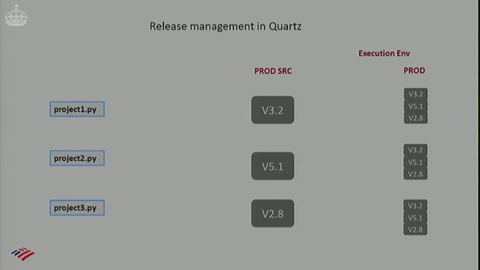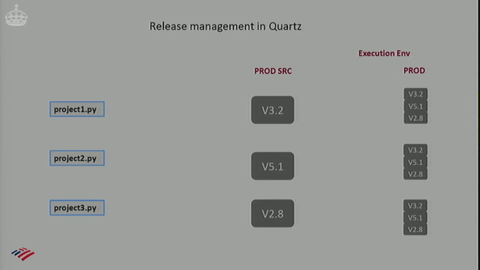So we have the production source code, which is all the code as it was released, but we don't execute that code. What we execute is the versions that are in an execution environment. Each project has its own execution environment. So here you see the production execution environment of each of the projects, and it is equal to the production source code just by chance.